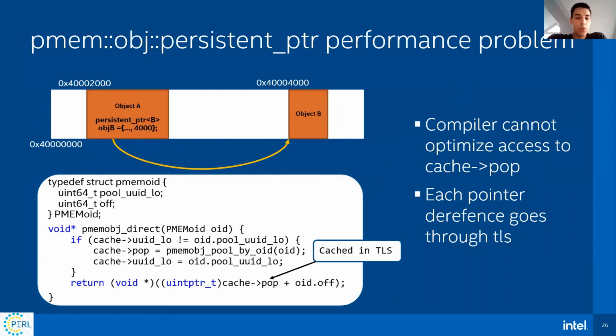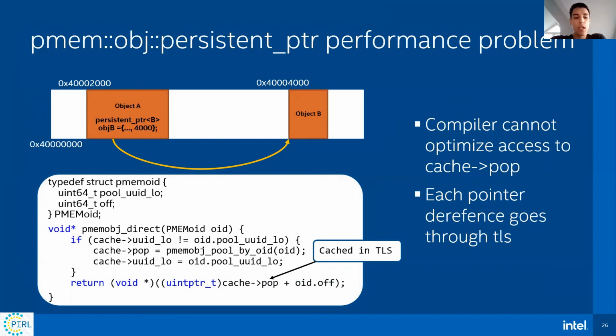So on this slide, in the code snippet, you can see the simplified version of the persistent pointer implementation. As Szymon already said, persistent pointer consists of two 8-byte fields. One is the pool ID, and the second one is the offset within this pool. The PMOBJ-direct method, which you see below, is called every time we dereference our persistent pointer.